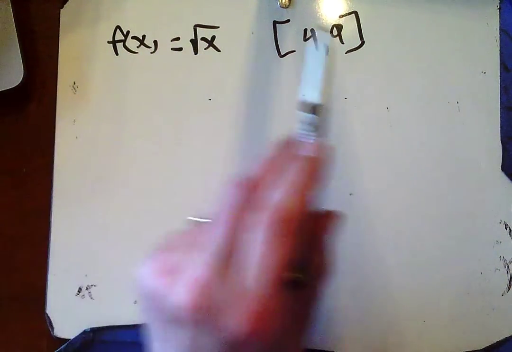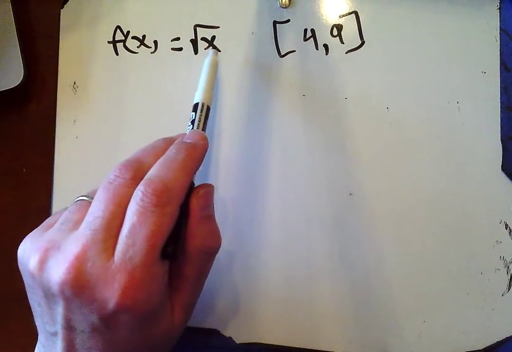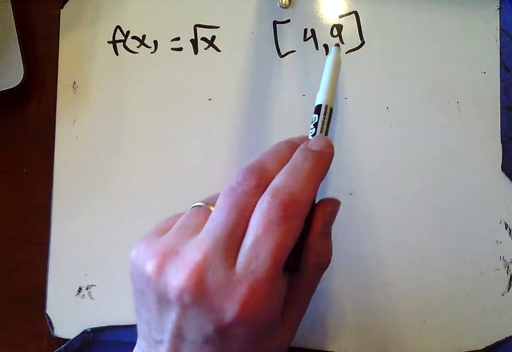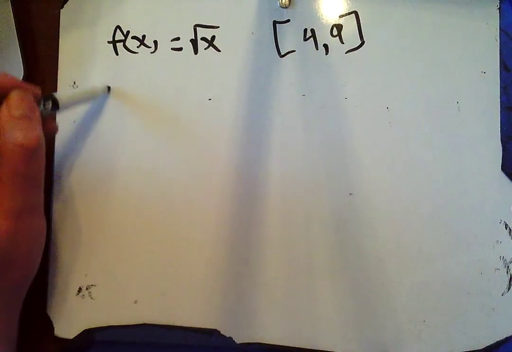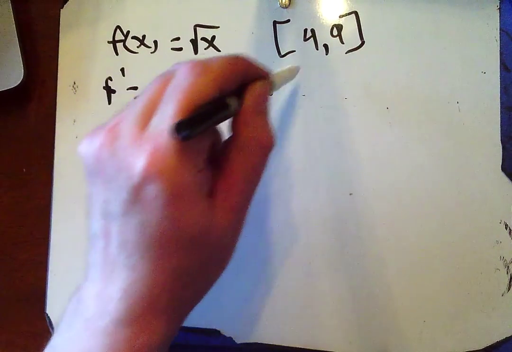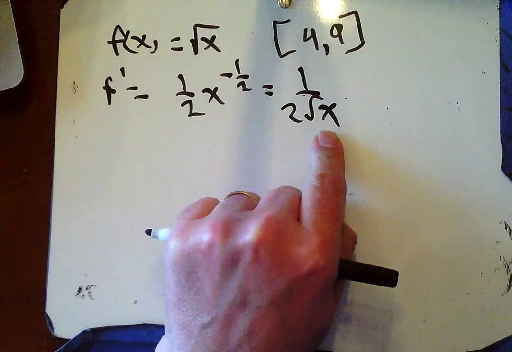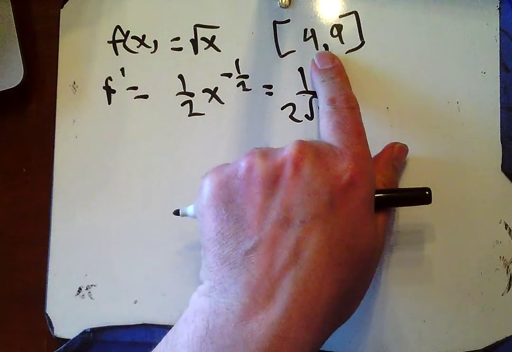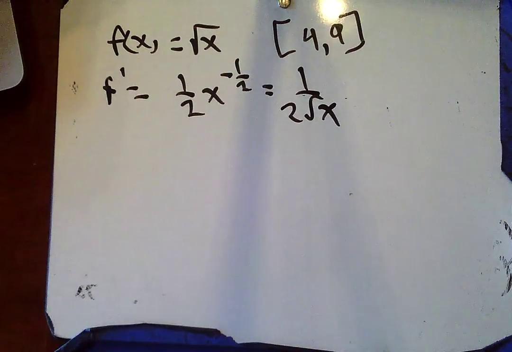Well, f is continuous on this interval. Not everywhere, I can't plug negatives in there, but f is continuous on this interval. And is f differentiable on that interval? Well, f prime is 1/2 x to the minus 1/2, or 1 over 2 root x. Again, f prime is undefined at 0, but our interval does not include 0. So we've met the preconditions.